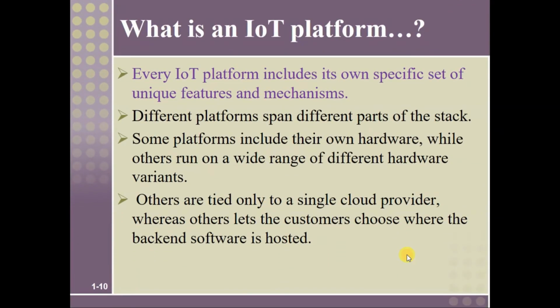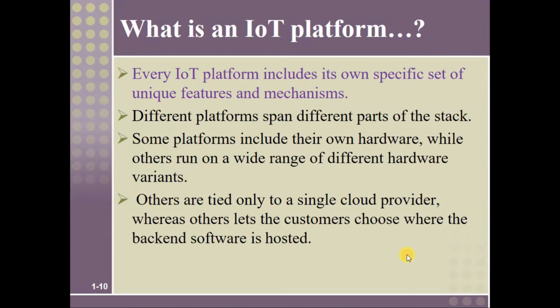Every IoT platform includes its own specific set of unique features and mechanisms. Each and every IoT device is not the same. They have their own specific set of unique features and mechanisms of deployment. Different platforms span different parts of this life cycle.